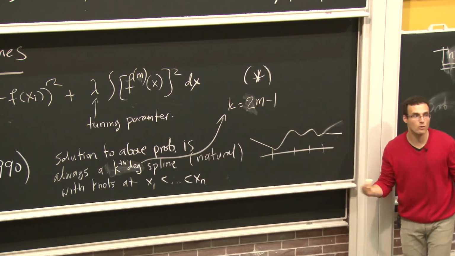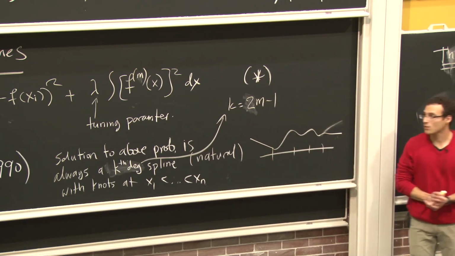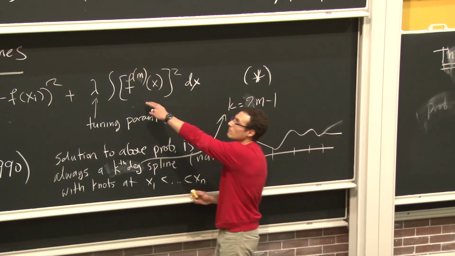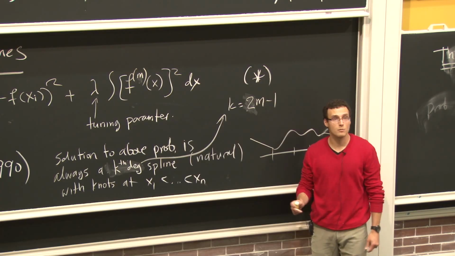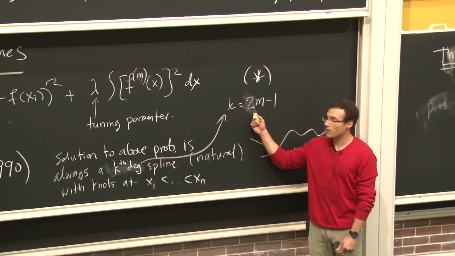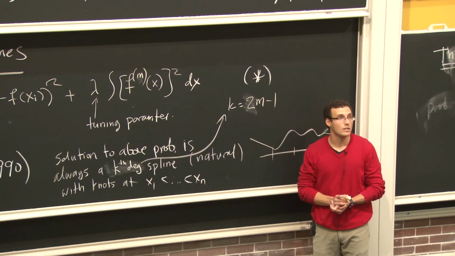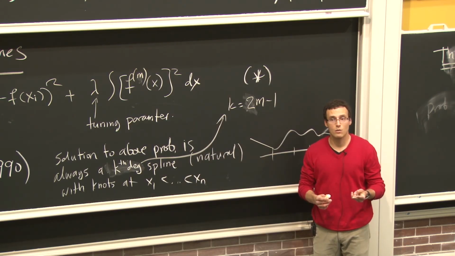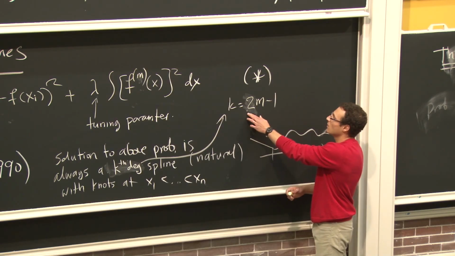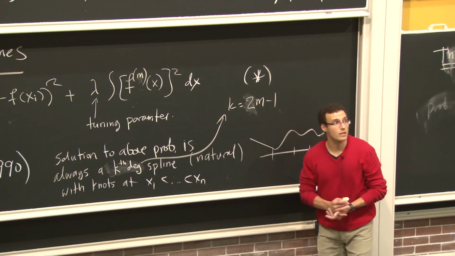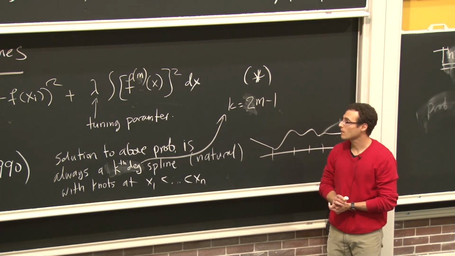So this is the more general form of the smoothing spline problem. If I took 3 derivatives, if m was 3, then I'd get a quintic smoothing spline, so a 5th degree piecewise polynomial. Let's just check that we got back the right orders for m equals 2. If m equals 2, then k is equal to 4 minus 1, which is 3. It's again a cubic spline. So this is just the more general form of the smoothing spline problem.